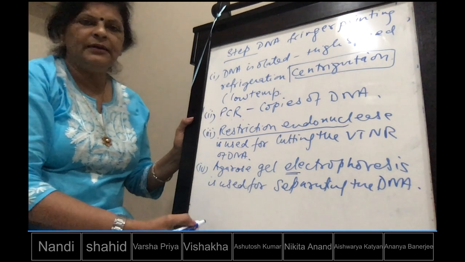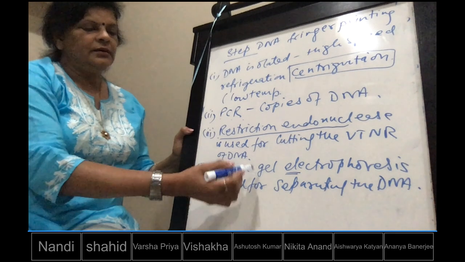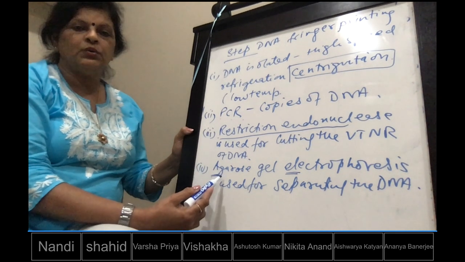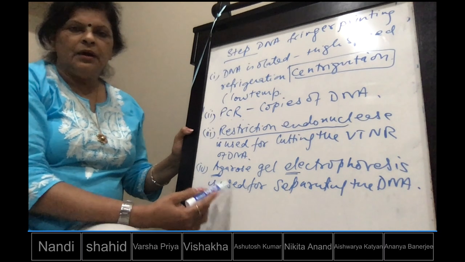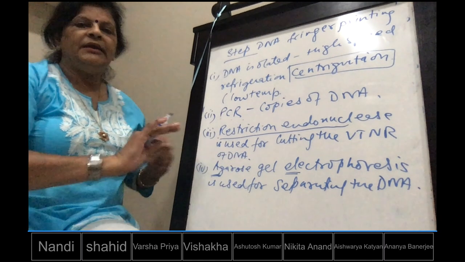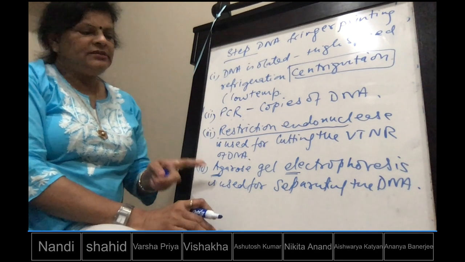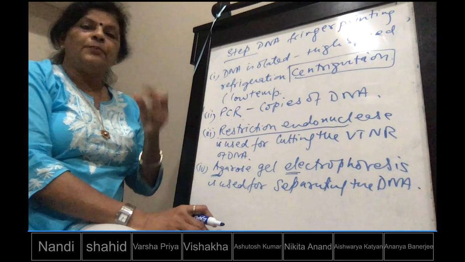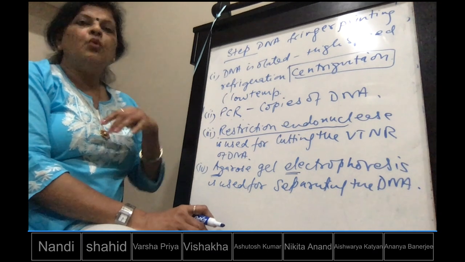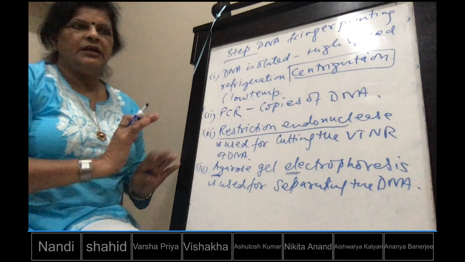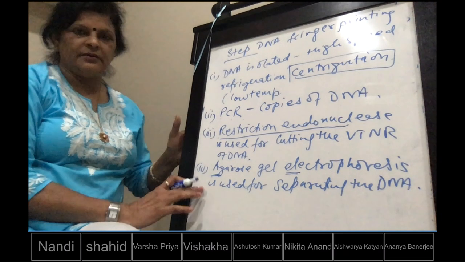Electrophoresis is the technique and it is done in a medium. What is the medium? Agarose. Agarose is basically agar. Agar gel medium mein it is done. So with this, the DNA will separate out. And generally, this step is again done only if suppose crime scene में more than one DNA is there. Suppose many DNA is there. Then to separate the DNA, this is done.